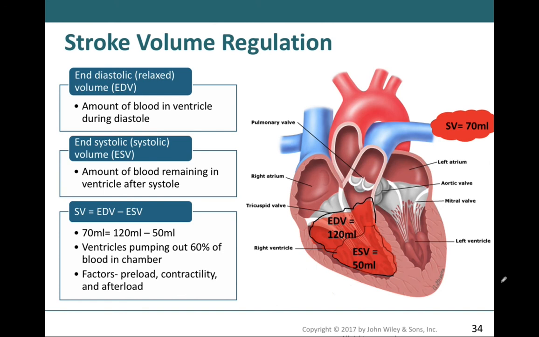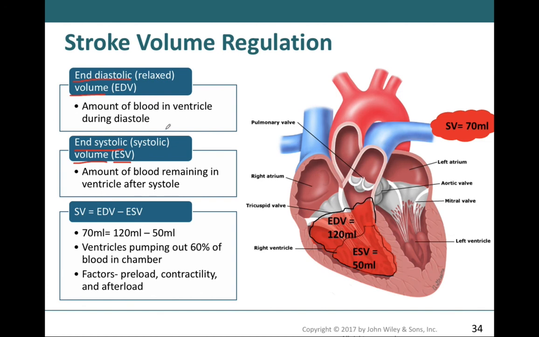However, we need other ways that we can calculate the stroke volume, and we do that using the EDV, the end diastolic volume, and the end systolic volume, which is our ESV. And the formula for stroke volume is the end diastolic volume minus the end systolic volume. So let's define each of these terms. The end diastolic volume is the amount of blood in the ventricle at the end of ventricular diastole.